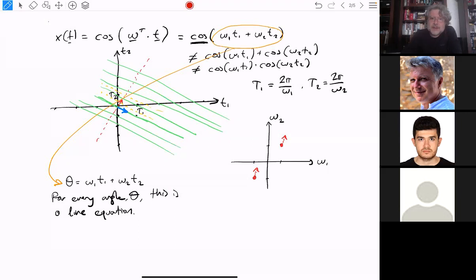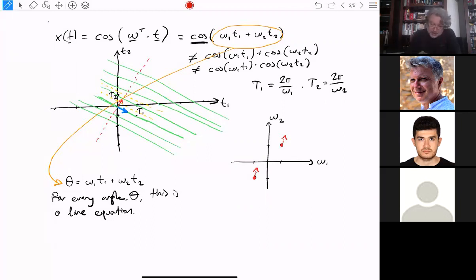Okay, now Fethi is asking to come in. So Fethi, I was answering your question in a more rigorous way, if you're hearing. You asked why this was consisting of a one-directional cosine waveform, and I gave a few explanations, but probably the proper explanation is that the angle term inside this cosine, which you can call theta, is equal to omega 1 t1 plus omega 2 t2, which is a line equation.